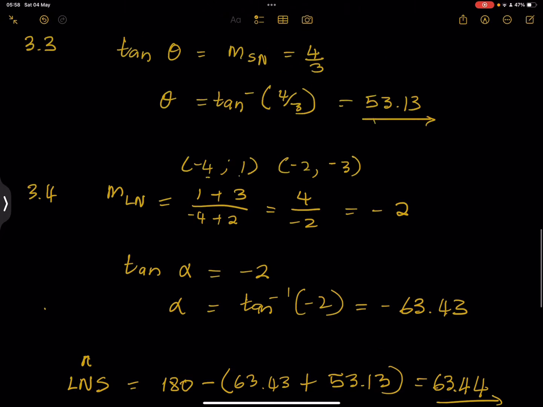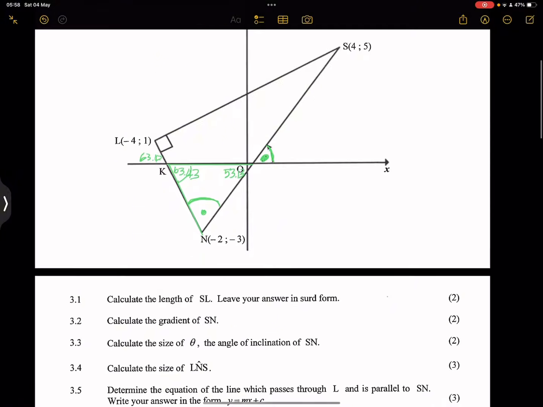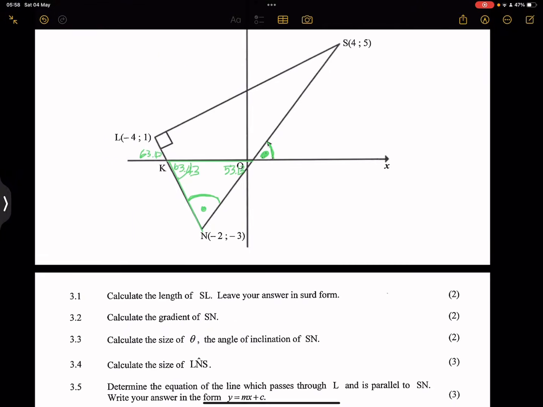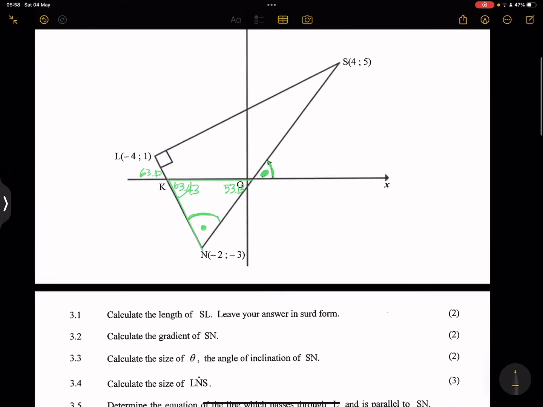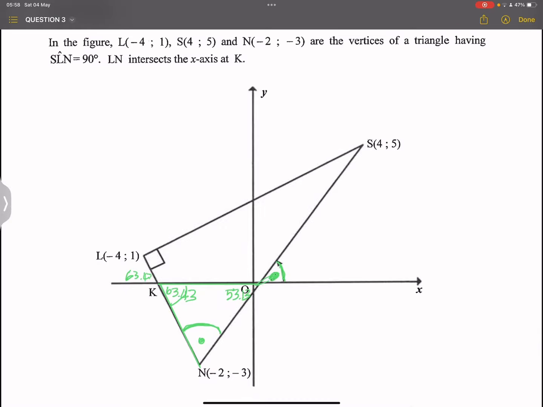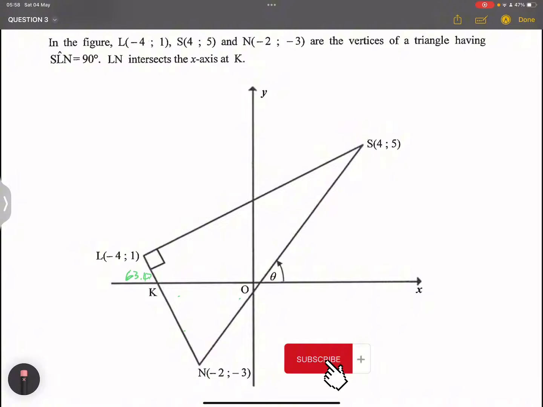Now, guys, of course, there could have been another way that you can calculate that angle, because that's a 90-degree triangle. Please note that what I could have done is I already know the length of SN. I know the side here, SN.